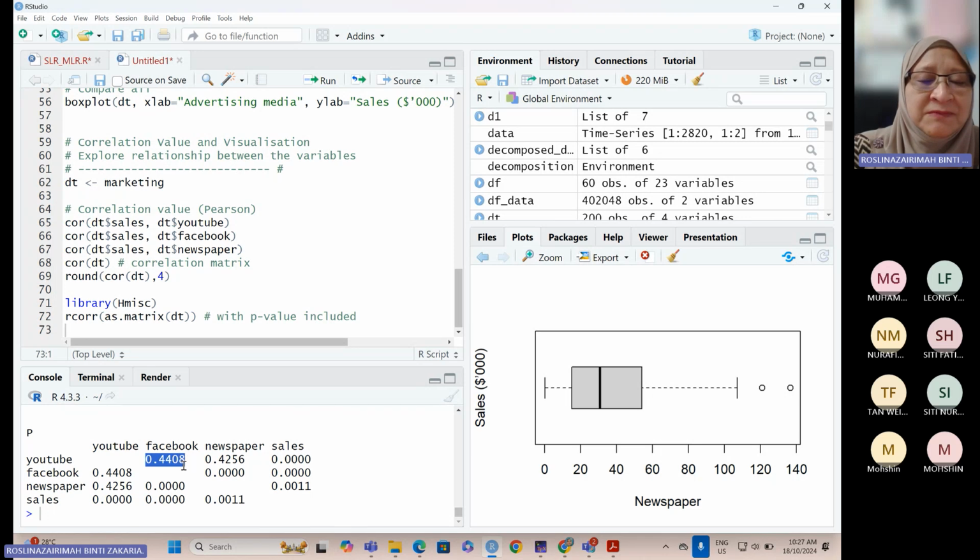If you want something to be significant, the p-value must be less than alpha, the significance level. If it is greater than 0.05, then it is not significant. So the relationship between YouTube and Facebook, and YouTube and newspaper, is not significant.